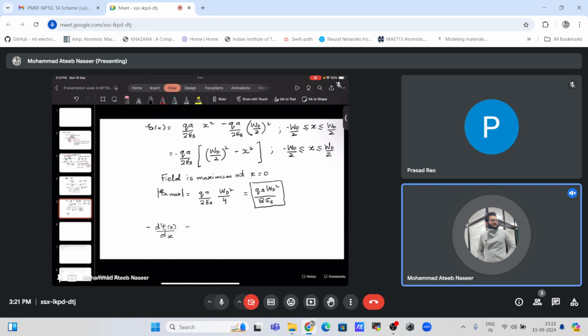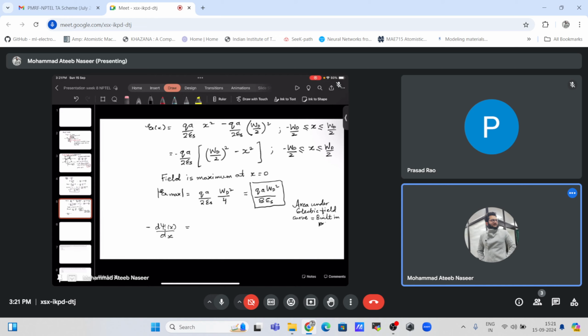Now integrating this expression, because the area under this electric field curve will give me the built-in potential.